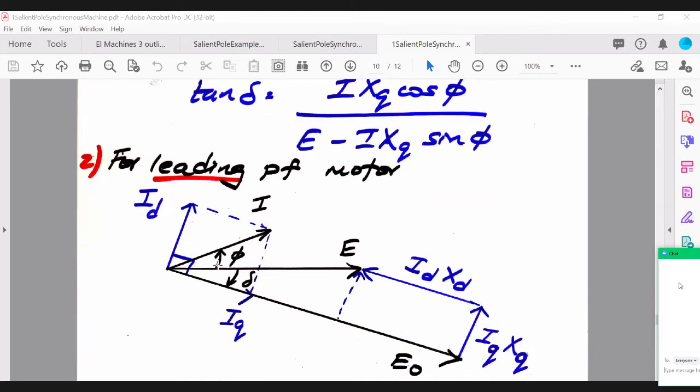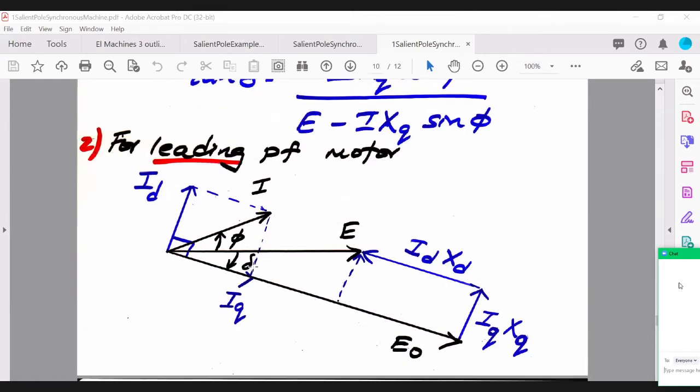So the angle difference is phi, and obviously as it's motor mode, your E naught is lagging E by a certain angle delta, okay? And we will resolve the current I into two components, Iq, which is along E naught, and then Id is perpendicular with respect to Iq, right?